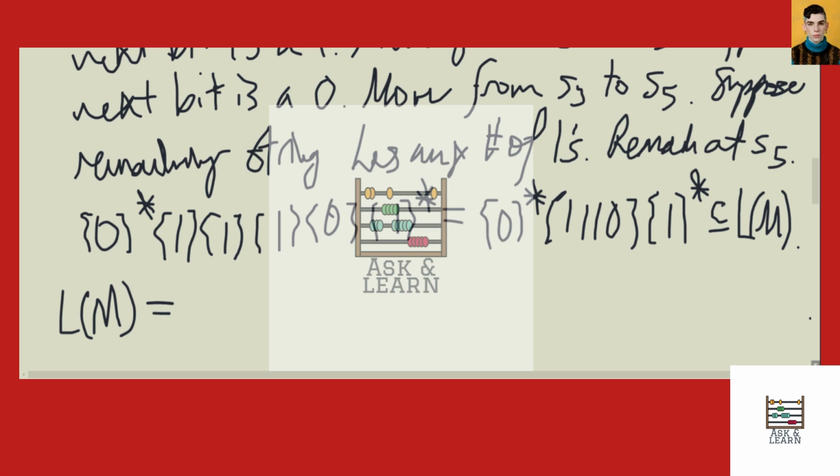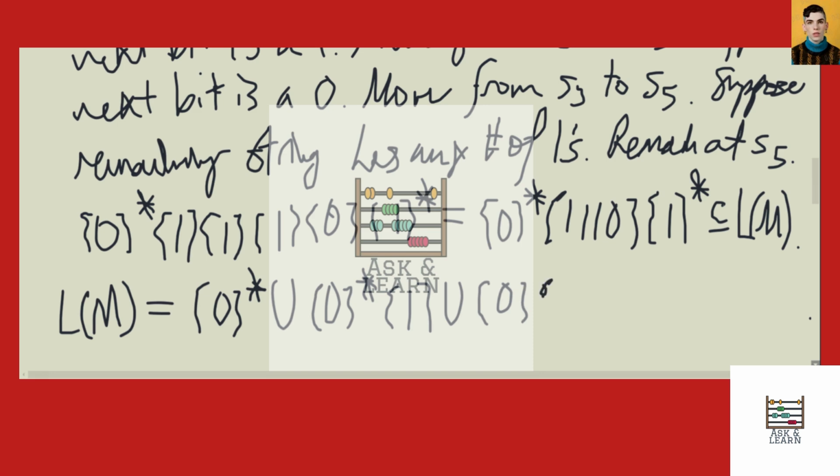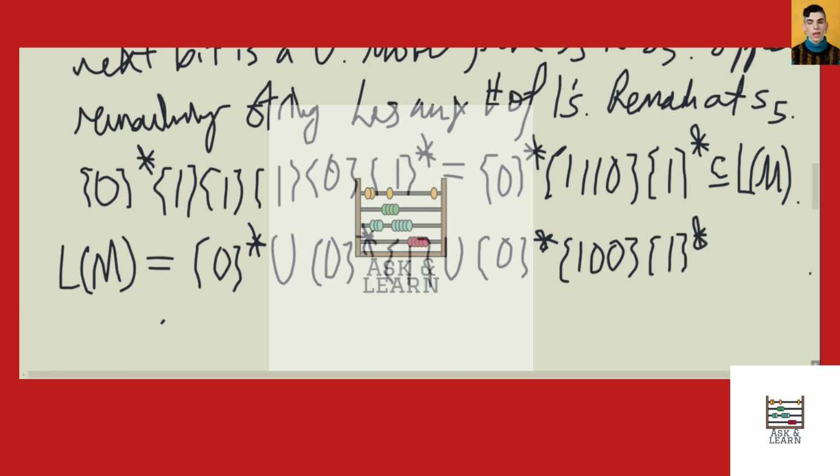And so we have 0 star union with 0 star 1 union with 0 star 1 0 0 1 star union with 0 star 1 1 1 0 1 star.